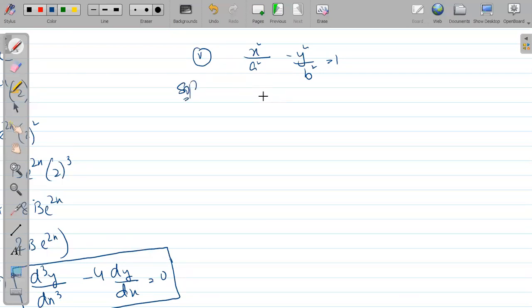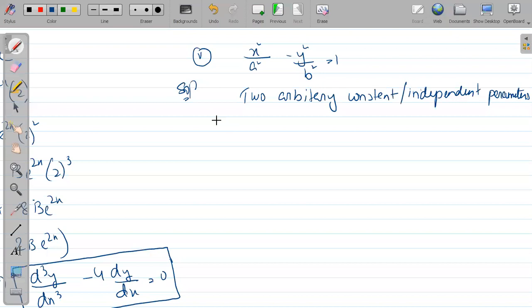Two constants are there. Again, I am saying two arbitrary constants. I may also say two independent parameters, not variables, parameters. Same thing only. Two are present, so therefore differentiate two times.